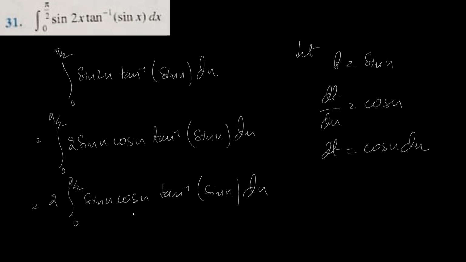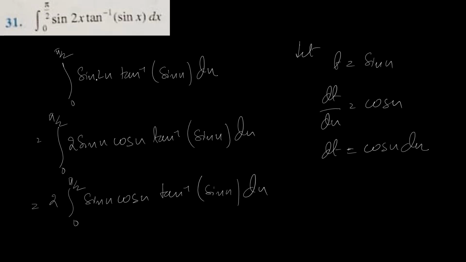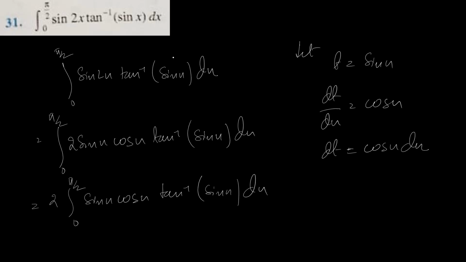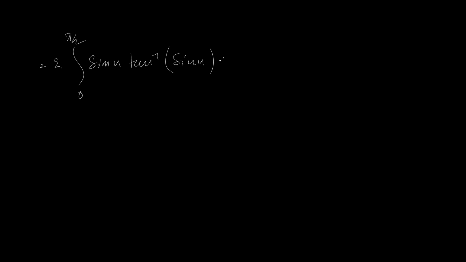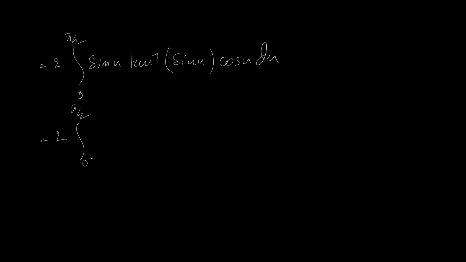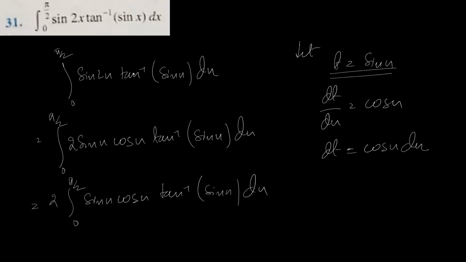So this whole thing I can write this way: 2 integration 0 to pi by 2 of sine x tan inverse sine x times cos x dx. I have taken t equals sine x, so I will have to change the limits.